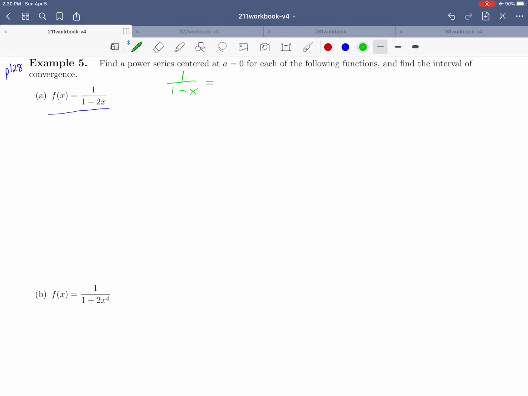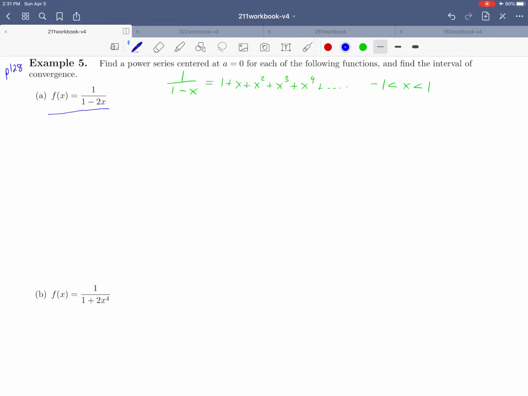And we know the power series expansion for 1 over 1 minus x. It's 1 plus x plus x squared plus x cubed plus x to the fourth and so on. And the interval of convergence was minus 1 less than x less than 1. So this is what we already have. We already know this, and so now we can use it.